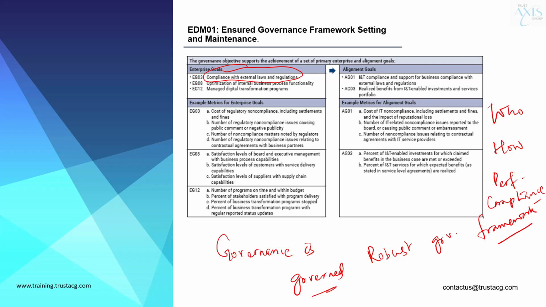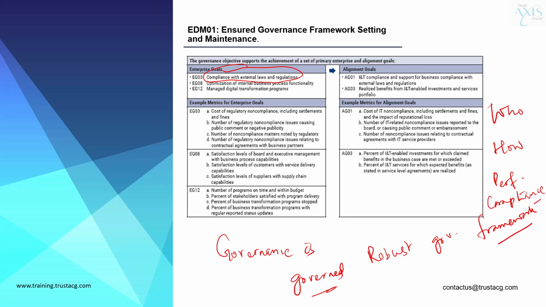Some of the metrics that can be used to measure the outcome of this enterprise goal depend on the cost of regulatory non-compliance, because there is always a financial penalty applied if you cannot demonstrate that you are exercising due diligence for maintaining compliance requirements against the law of the land.